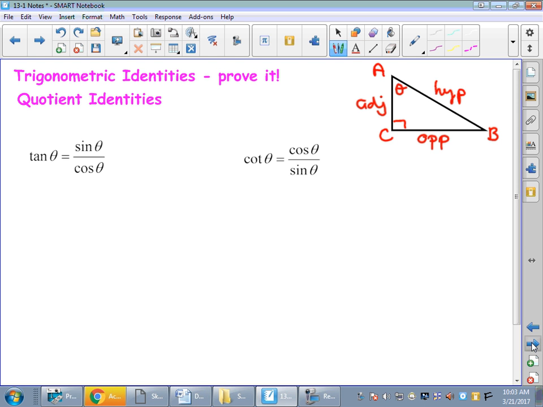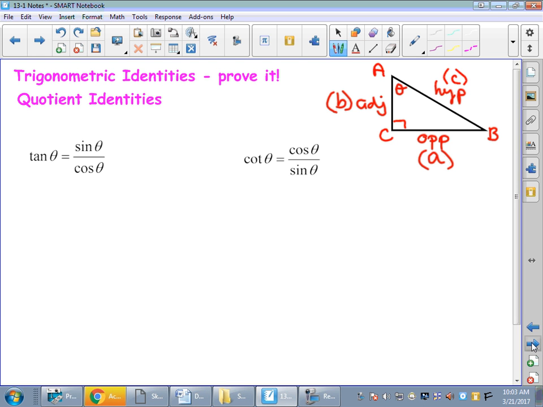And so the tangent of theta, we could just leave those words, or we could use the sides. We could call the opposite side little a, the side adjacent little b, and the hypotenuse little c.